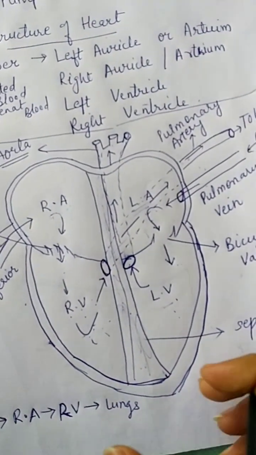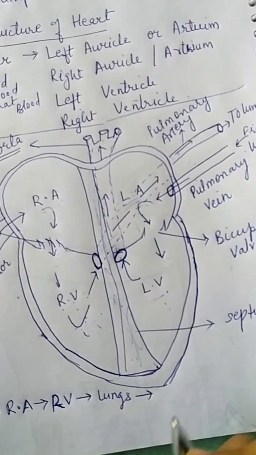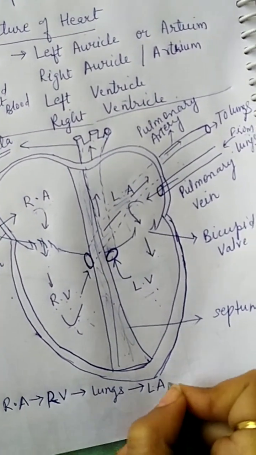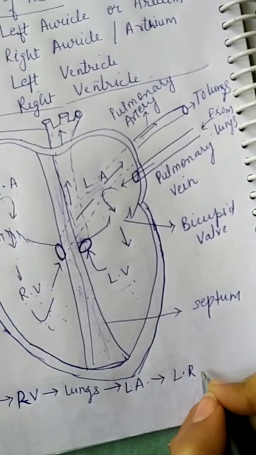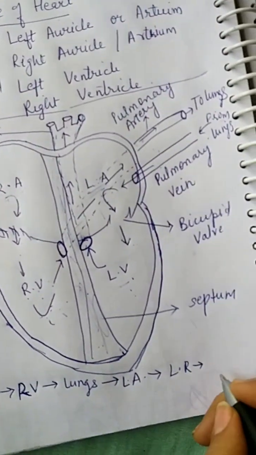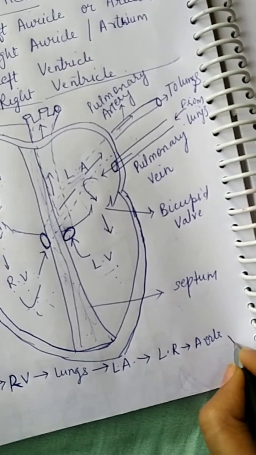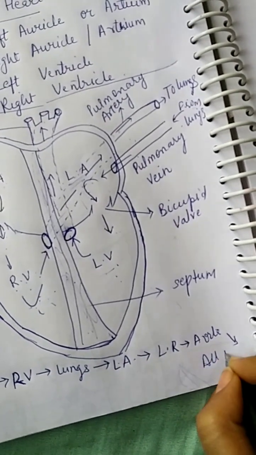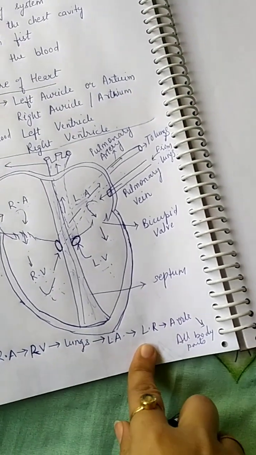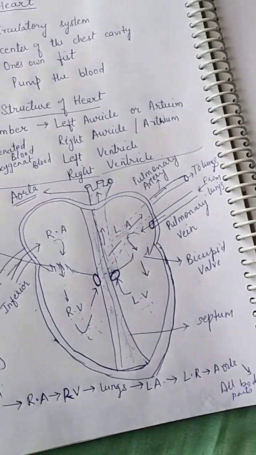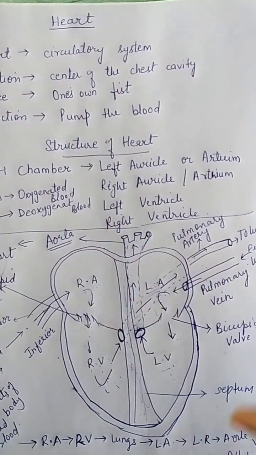The blood becomes oxygenated, and this oxygenated blood from the lungs comes to the left atrium, and from the left atrium blood goes to the left ventricle, and from the left ventricle it is pushed to the aorta, and the aorta passes the blood to all parts of the body. So this is the pathway of blood flow in our body. So this is the proper structure and function of the heart.